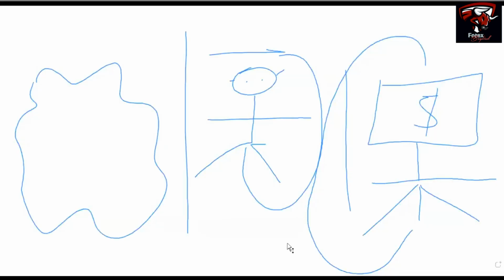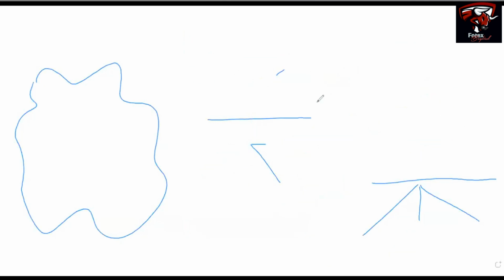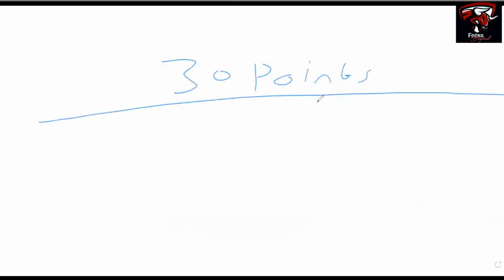Personally, I don't set TP, and I have my reasons why. But when push comes to shove, I'm forced to set TP. I'll be setting my TP at 30 points from the entry. Now, the biggest question is, what is 30 points from the entry?